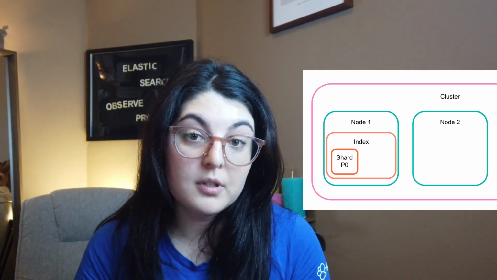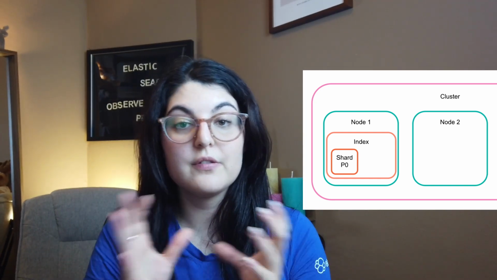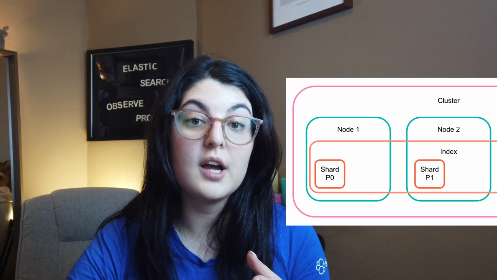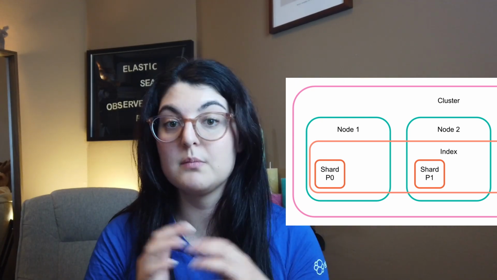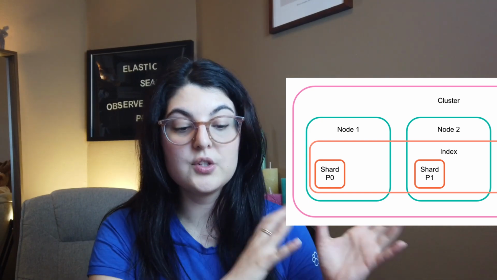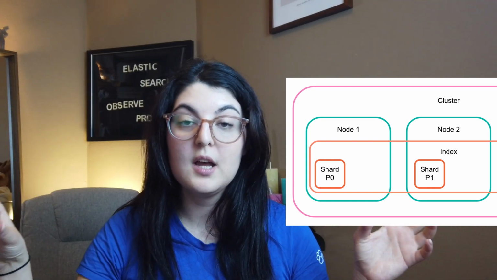We can start simple, having only one index with a few shards on a single node, or as we scale out, we can have an index that maps to multiple different shards, multiple different nodes. The data is stored in many different buckets, but the index is able to access all of them and search the same information in a distributed way.